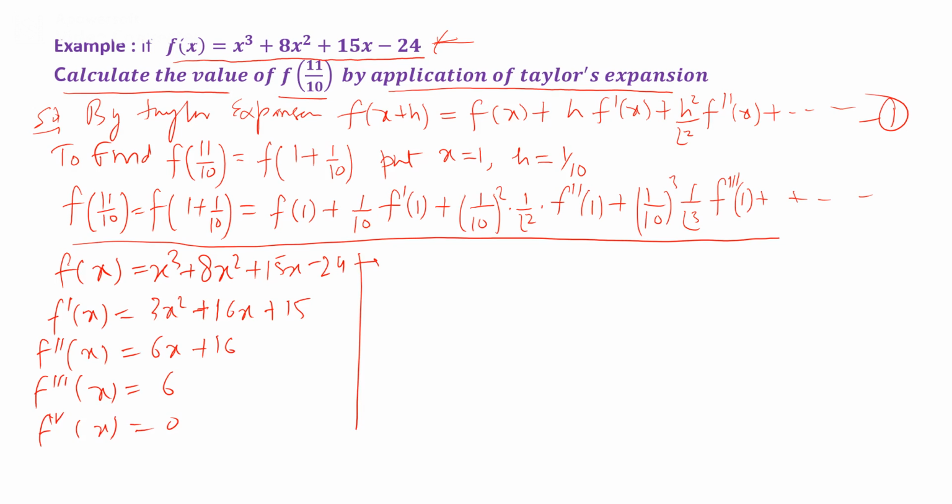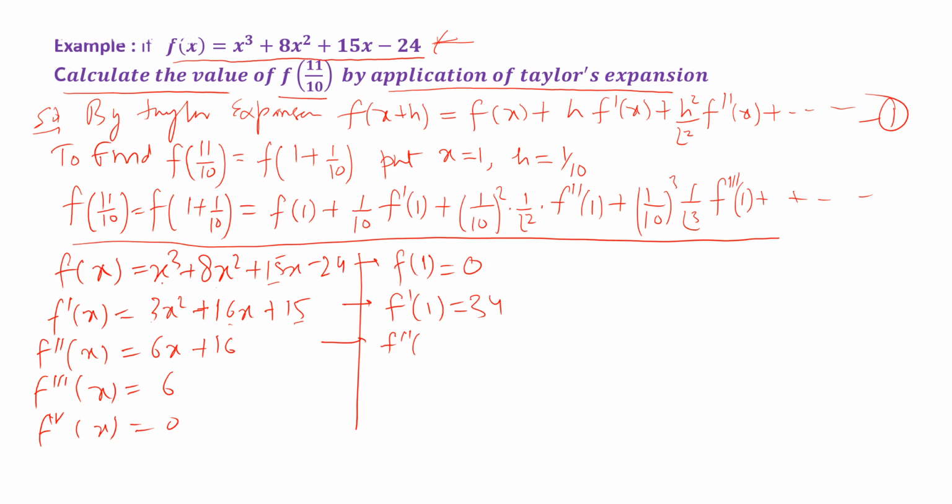Now f at 1: we put 1 plus 8 plus 15 minus 24, we get 0. F dash at 1: 3 plus 16 plus 15, we get 34.